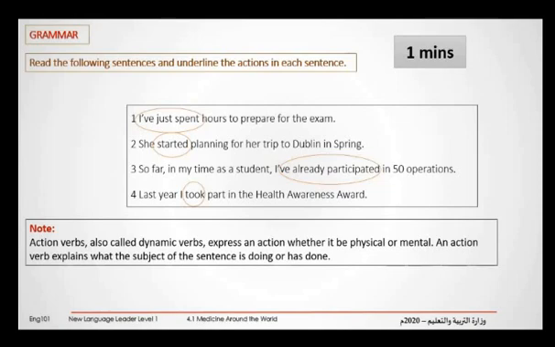Now, note that action verbs, also called dynamic verbs, express an action whether it be physical or mental. An action verb explains what the subject of the sentence is doing or has done.